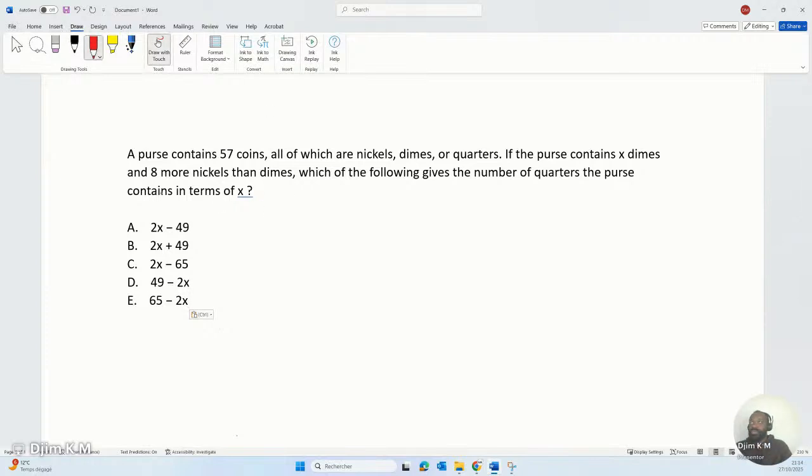So the question says a purse contains 57 coins, all of which are nickels, dimes, or quarters. If the purse contains X dimes and 8 more nickels than dimes, which of the following gives the number of quarters the purse contains in terms of X?